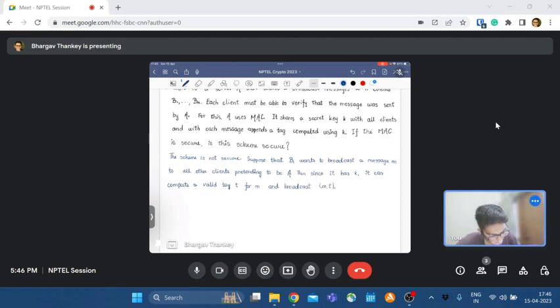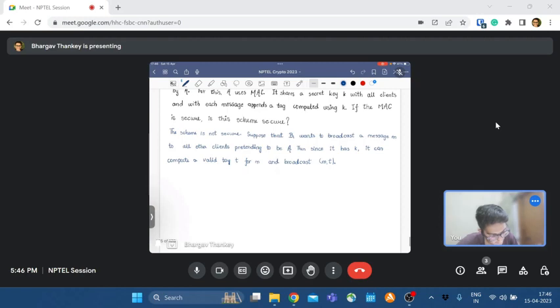All of B2 to BN will think that the message came from A because it has a valid tag.